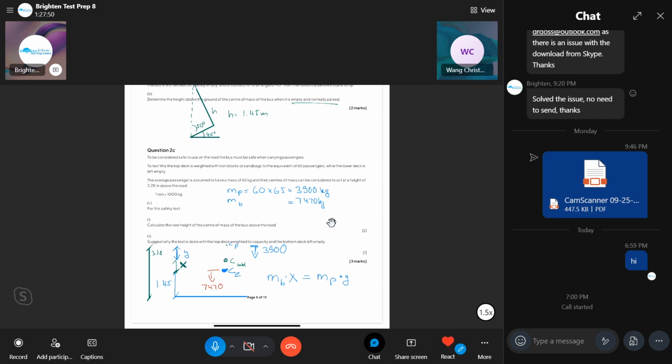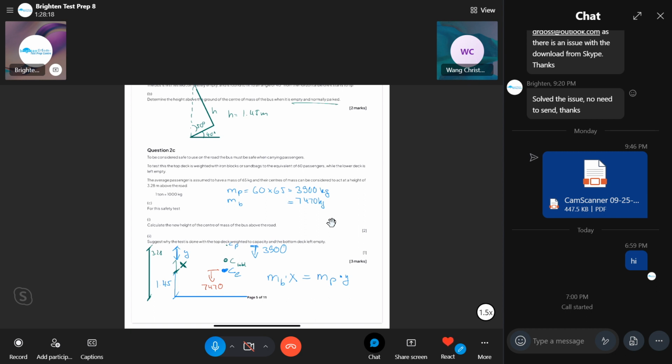In other words, the moment of this force to the center of gravity, at this distance, has to be the same as the moment of this force to the center of gravity.